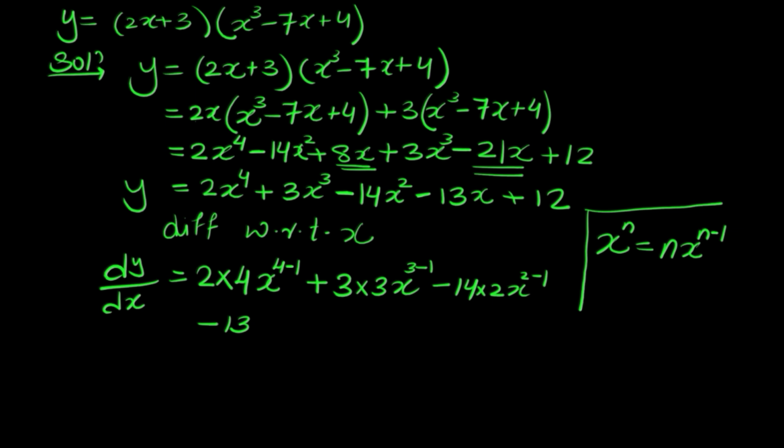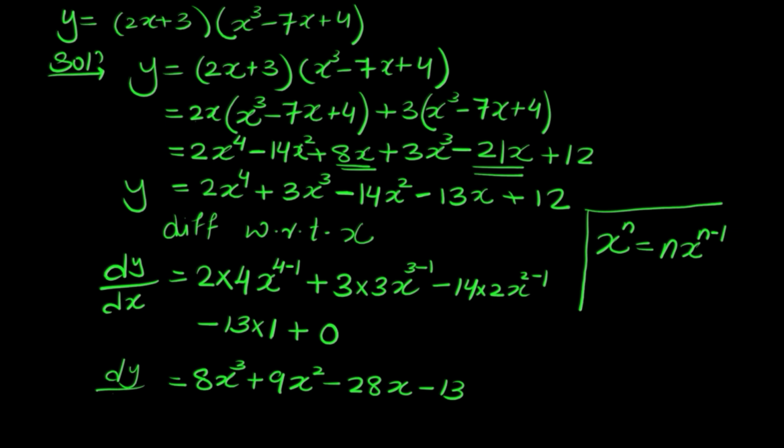The derivative of 13x is 1, plus 12 is 0 because it's a constant, the derivative of a constant is 0. Equal to 2 times 4 is 8x cubed plus 3 times 3 is 9x squared minus 14 times 2 is 28, 2 minus 1 is 1, minus 13. This is the final answer, dy by dx, the derivative.